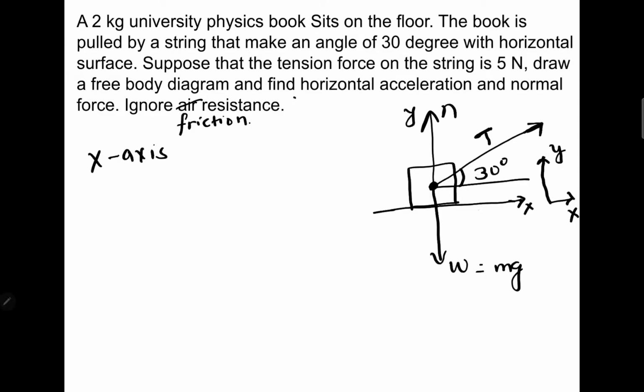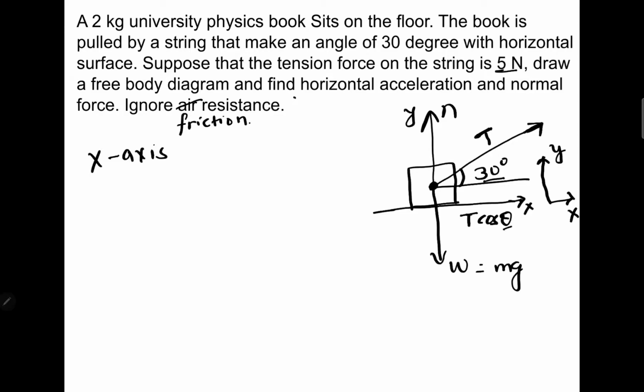So what is the x component? The x component is T cos theta, right? Theta is the angle here. If we symbolize the angle as theta, I can write it this way. T is given somewhere here in the problem, which is 5 Newton, and theta is 30 degrees as given here.